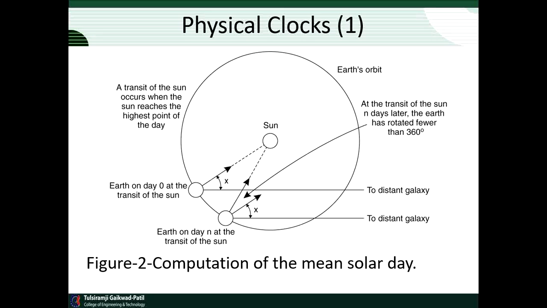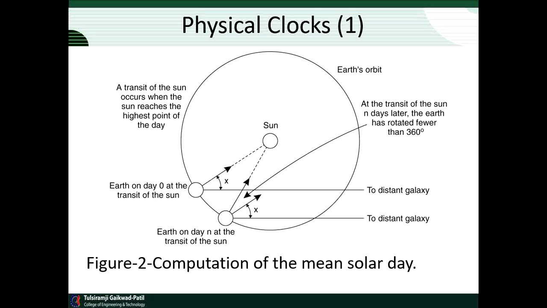In 1940, it was established that the period of the Earth's rotation is not constant. The Earth's rotation is slowing down due to tidal friction and atmospheric drag. Based on studies of the growth patterns in ancient coral, geologists now believe that 300 million years ago there were about 400 days per year.